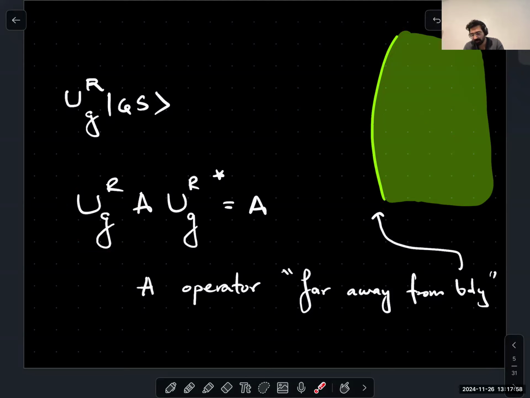But if the operator belonged to the Hamiltonian, because the Hamiltonian is invariant, this operator is also invariant under the symmetry action if it lies deep in the bulk.